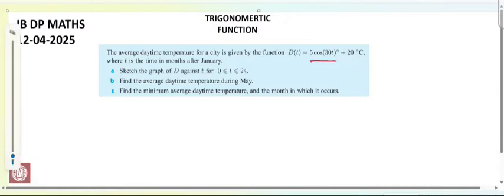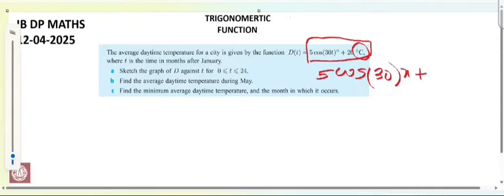No, this whole thing. Instead of t, you can use x, and don't write this degree centigrade. You can simply enter the value like 5 cos 30x plus 20, and make sure your calculator is in degree mode. Yes, it is.